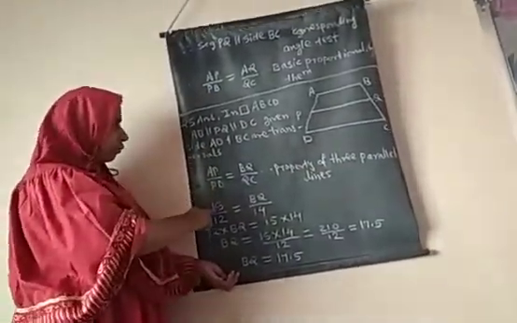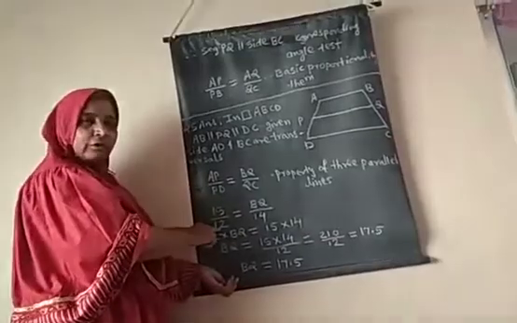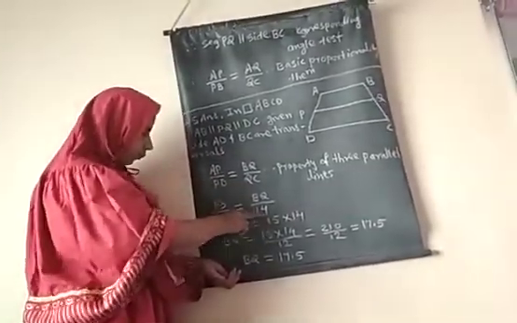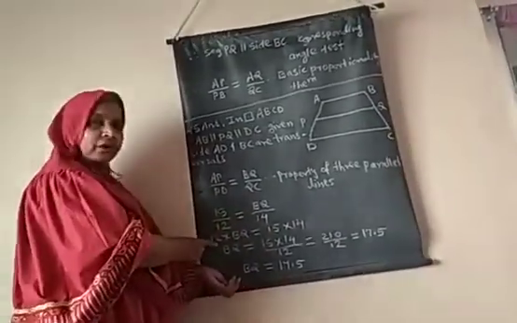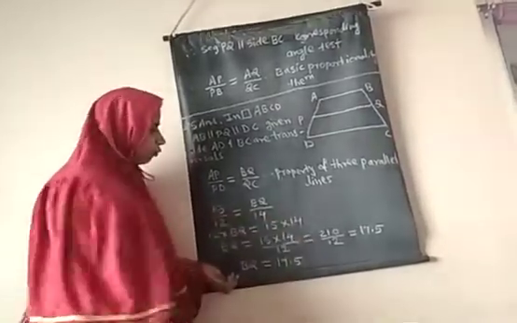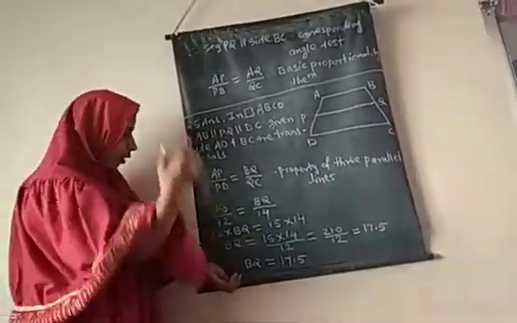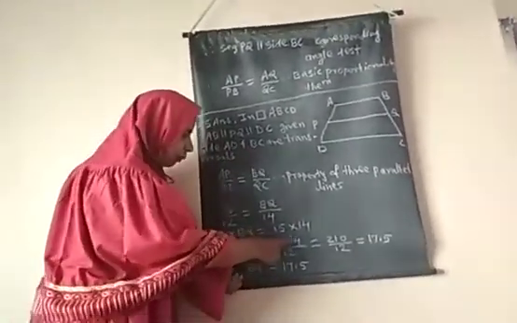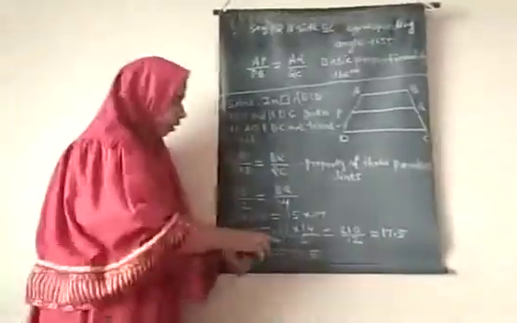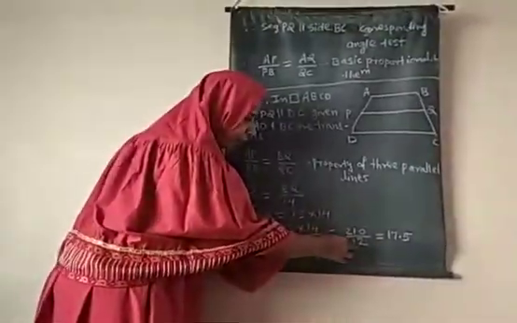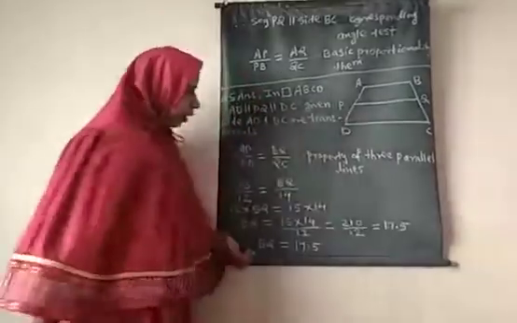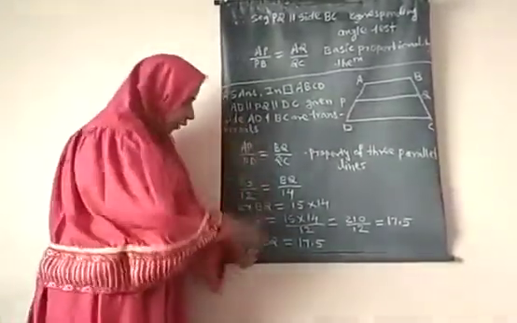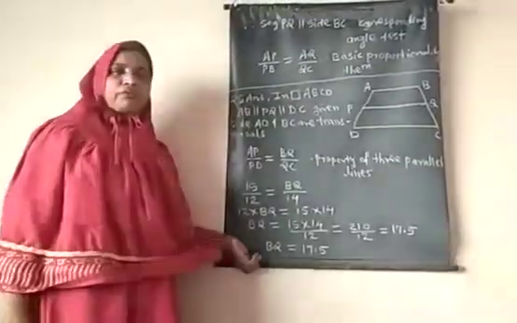Now AP is given 15, PD is given 12, BQ is given 14. So by cross multiplication, 12 multiplied by BQ is equal to 15 multiplied by 14. BQ is equal to 15 multiplied by 14 upon 12. The product is 210 upon 12, which gives 17.5. Therefore, the length of BQ is 17.5 unit.